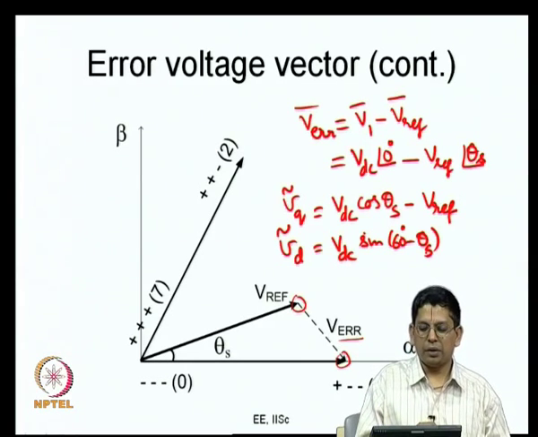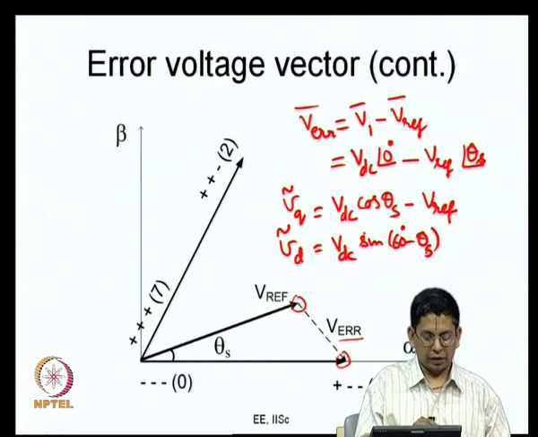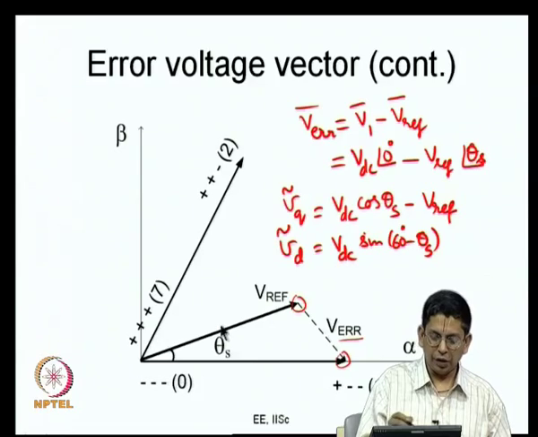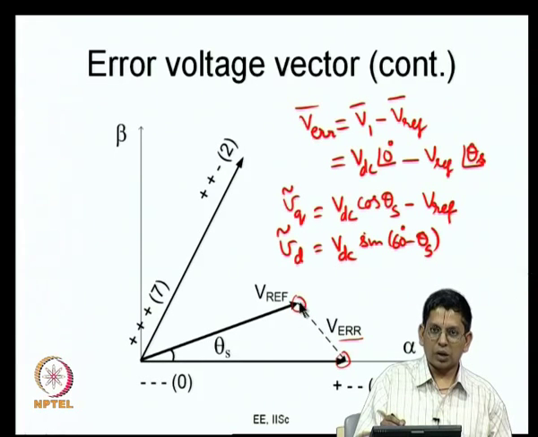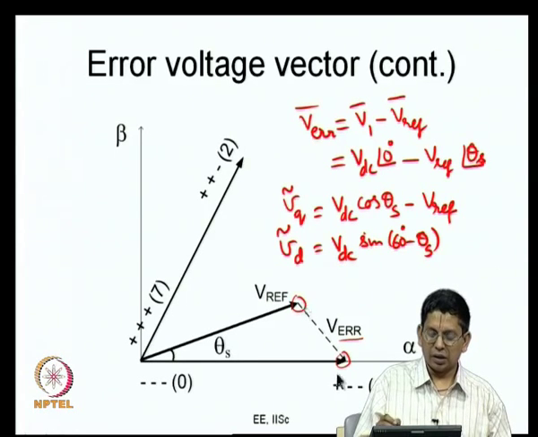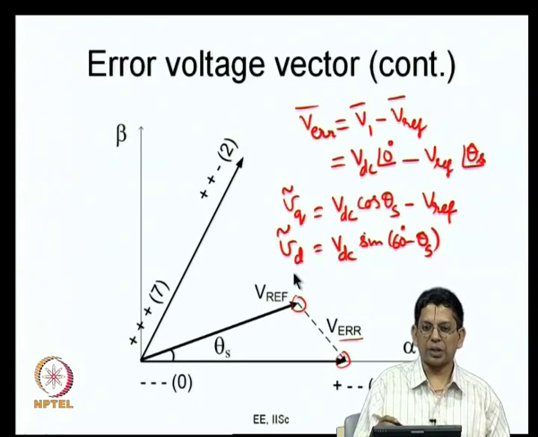That is going to be your VD tilde, right. So, these are the error voltage vectors when your reference vector is as shown here and the applied voltage vector is V1. This is the error voltage vector. The components of the error voltage vector along the Q axis and D axis are as indicated below.